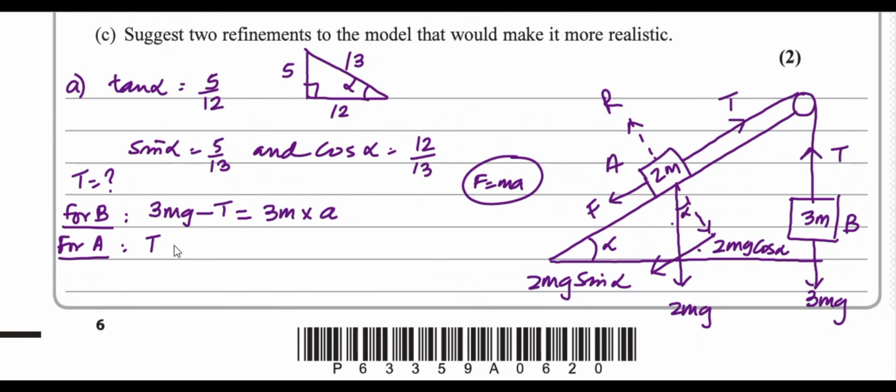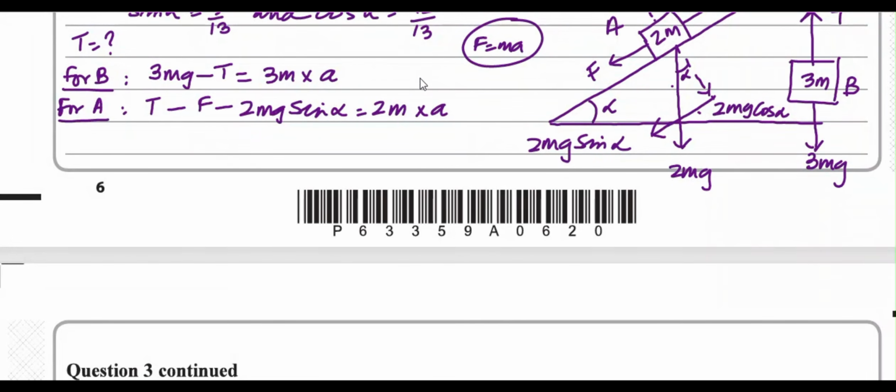Therefore, it's T minus, what are the forces countering it? There is a frictional force indeed, minus this 2 mg sin alpha is equal to its mass, which is 2m times a. Let us call these equations 1 and 2.